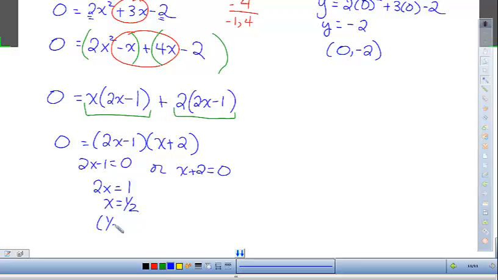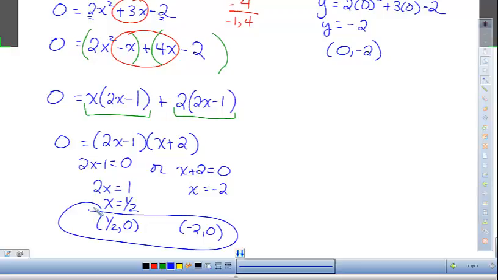So I get (1/2, 0). Or x equals -2, so we get (-2, 0). And so these are my 3 intercepts: 1, 2, and 3.